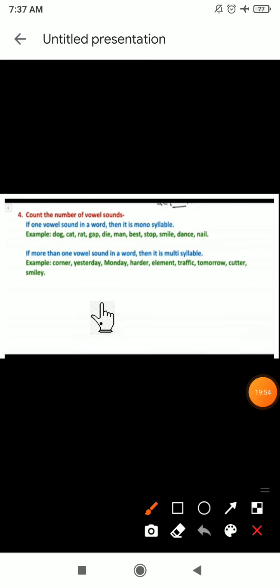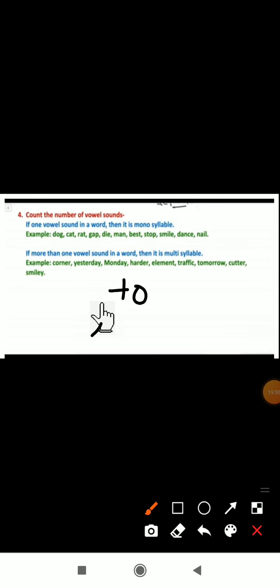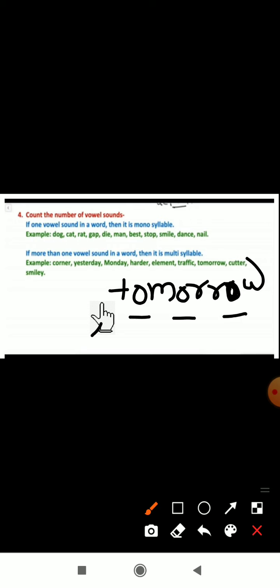One more word I will explain here, tomorrow. In this word, first count or find out the vowel sounds here.